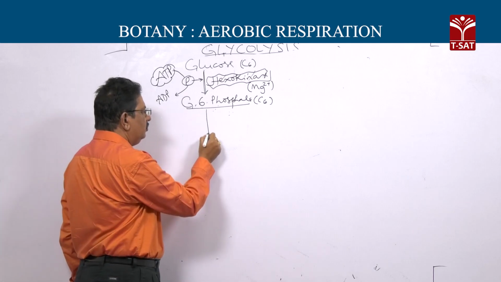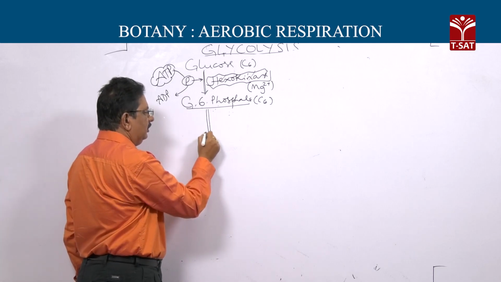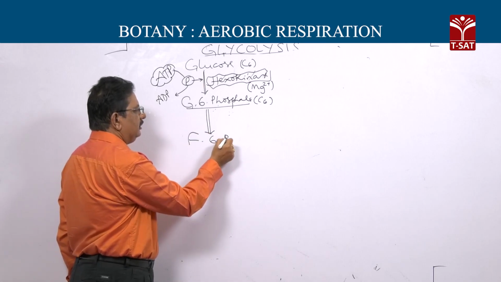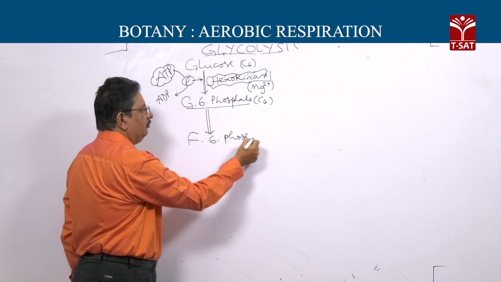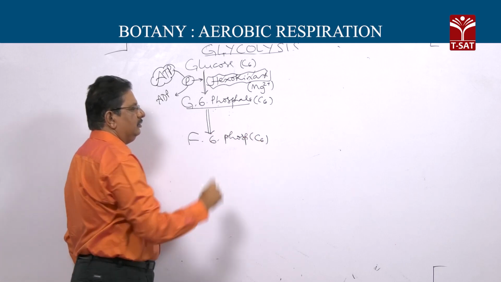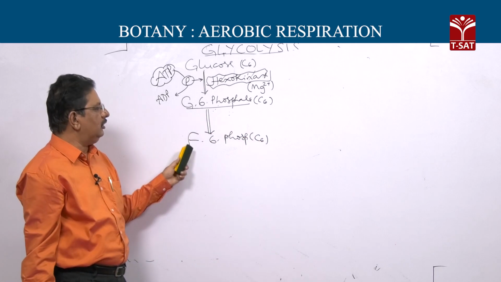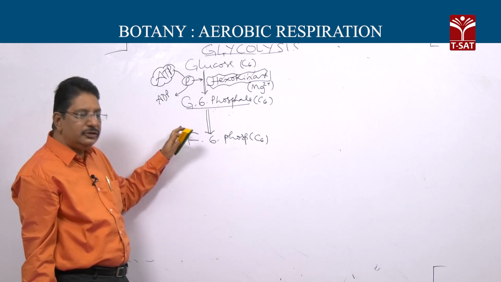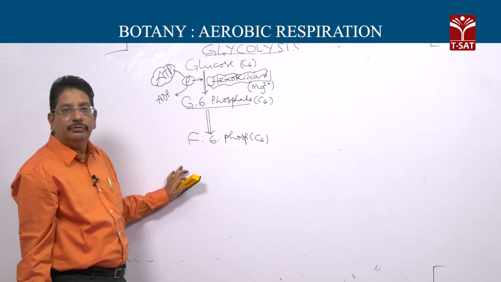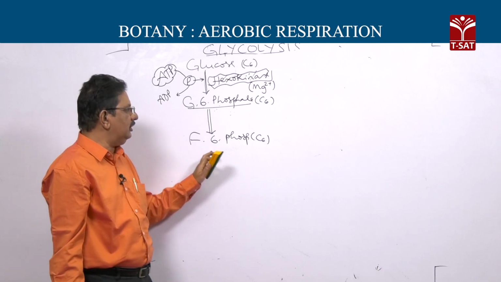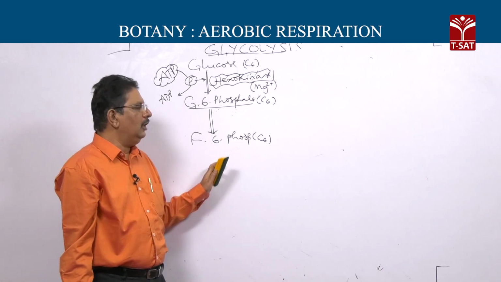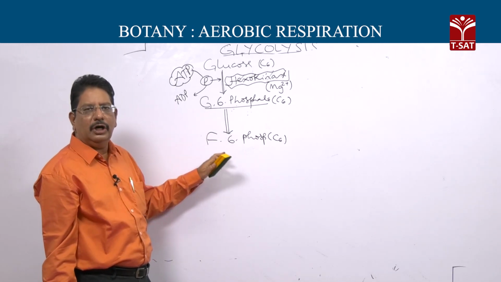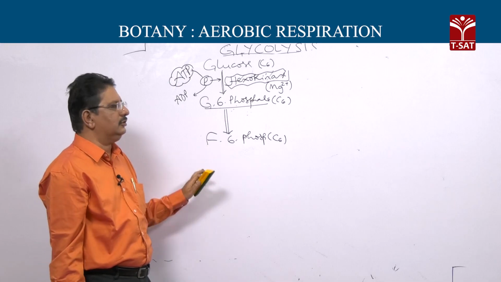This glucose 6-phosphate is converted into fructose 6-phosphate, which is also C6. Glucose and fructose, as you know, are isomers. So, glucose isomerizes into fructose. There is no question of addition or deletion of any group, simply intramolecular group transfers.